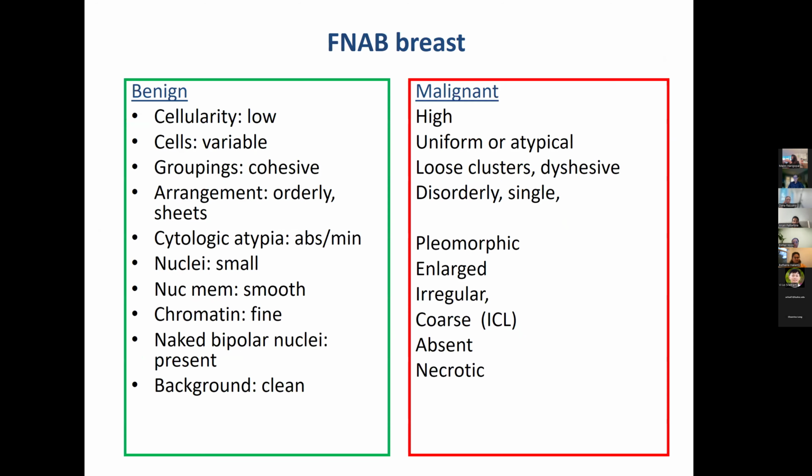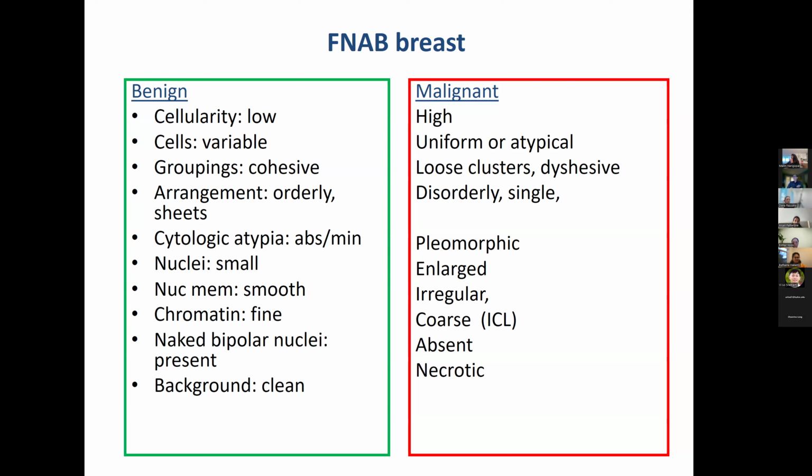So this is much of the same thing. For a benign aspirate, of course, the cellularity is low, they say, but if it's a fibroadenoma, you can have a high cellularity. So I think you cannot go by these guidelines. There are exceptions to the rule, but generally low cellularity predicts that it could be benign.